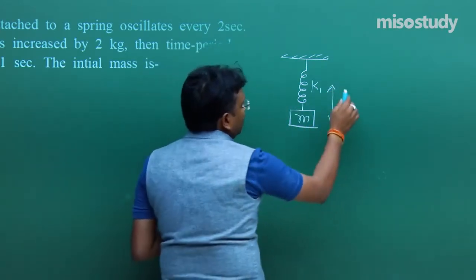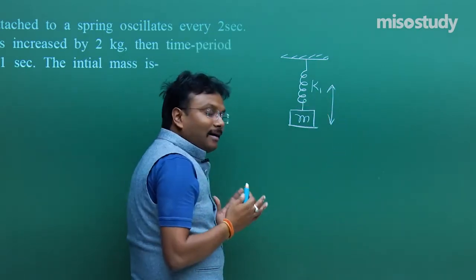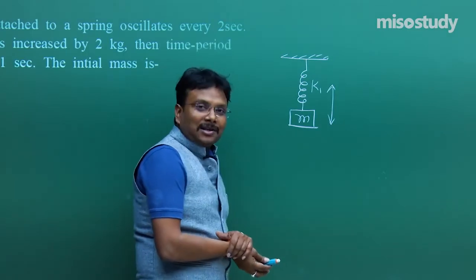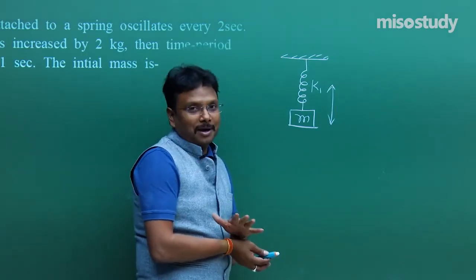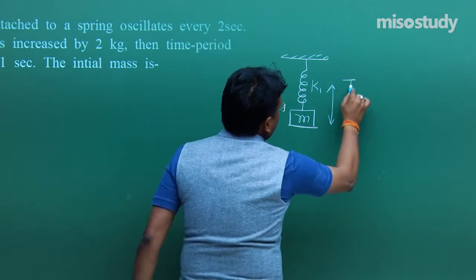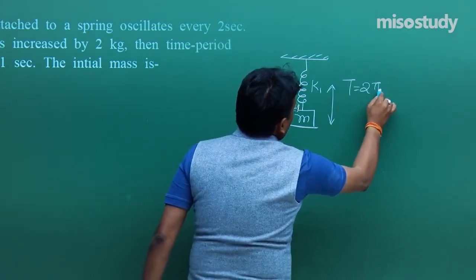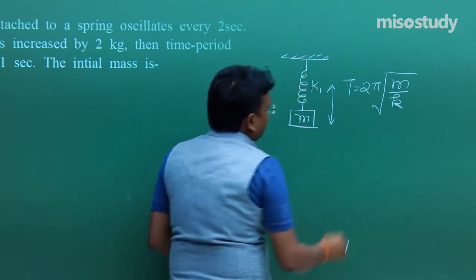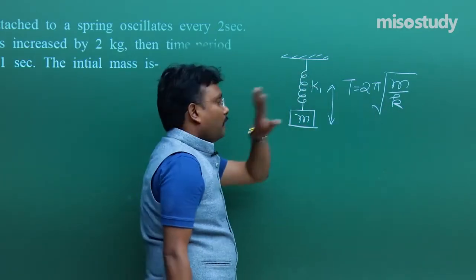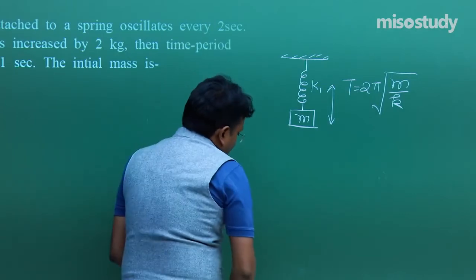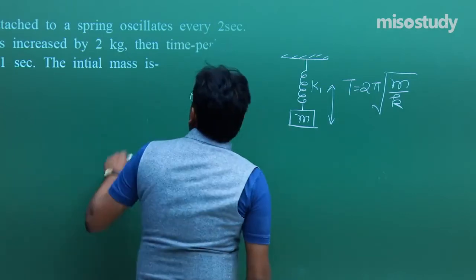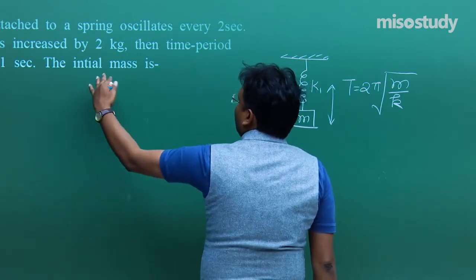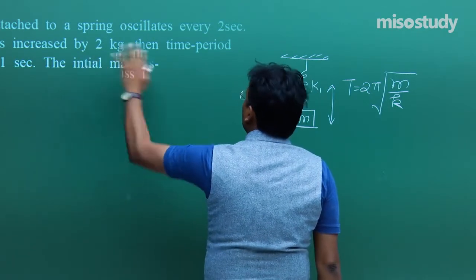If it's oscillating, so one formula that I am going to write down directly, because simple suggestion is at least this result you should remember. So T is equal to 2 pi under root m by k. That is the basic result we are going to use. Now after that, what happened? This initial mass you have to find out, and they increase the mass by 2 kg.